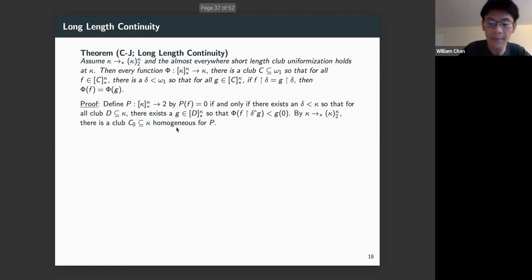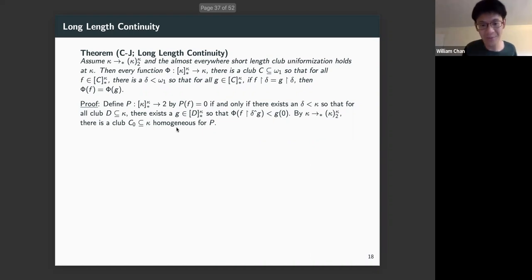So define a partition P on kappa to the kappa by P of F, let's say it's on the 0 side, if and only if there is a delta less than kappa, so that for every single club D, there is some G passing through D, so that phi of F restricted to delta with G following afterward is less than G of 0.